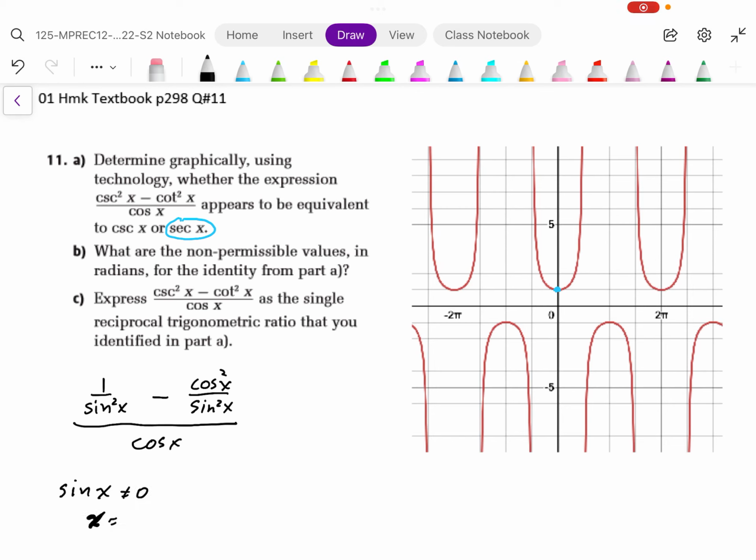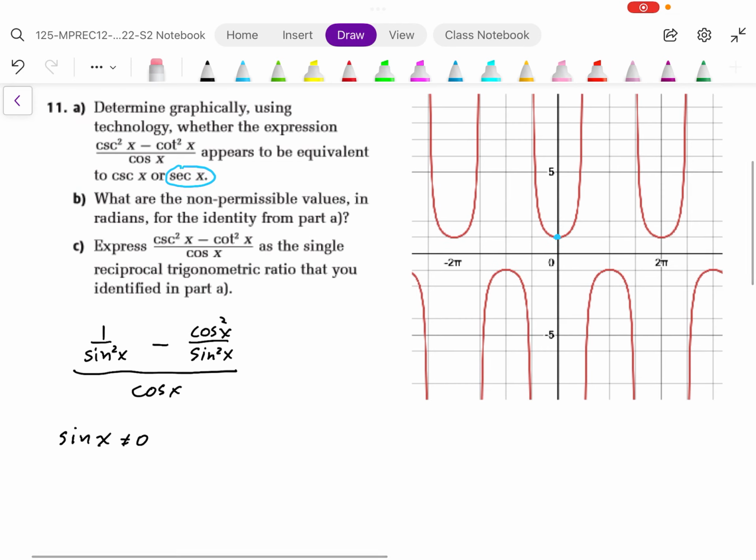That means x cannot be equal to 0, pi, 2 pi, etc. And then cosine x cannot be equal to 0 either.